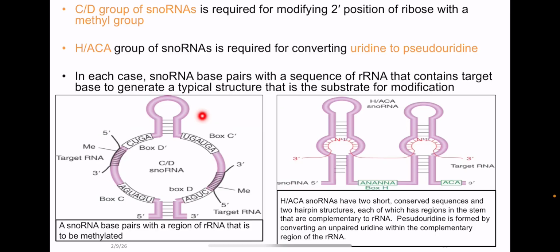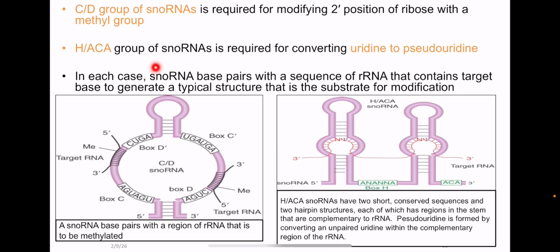The snoRNA is complementary to the region to be methylated, so it binds to the RNA that's to be methylated and uses its CD group to methylate it.